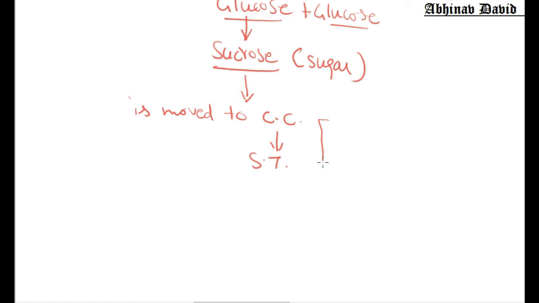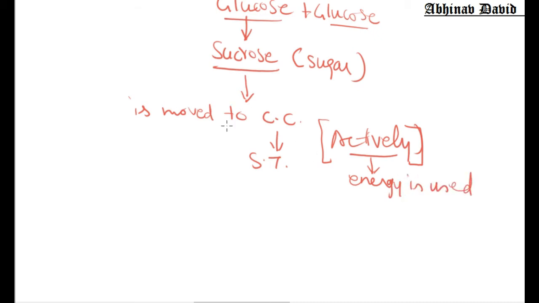What do we mean by actively? Actively means energy is utilized. Energy is used to move sucrose from the leaf cells to the companion cell, and then finally it reaches the sieve tube.